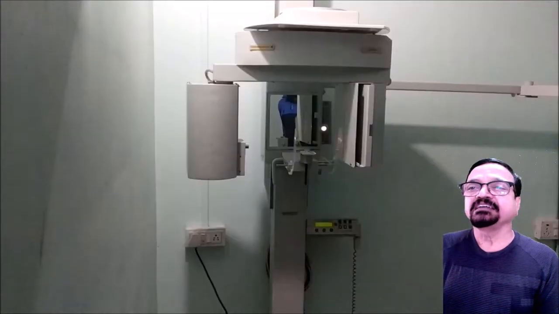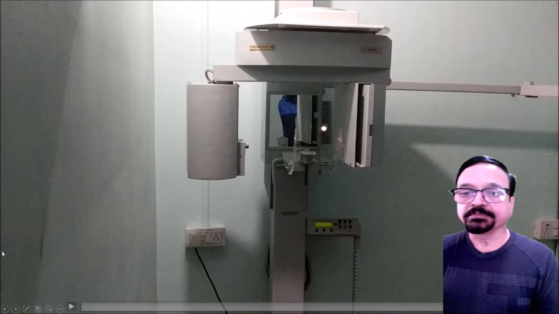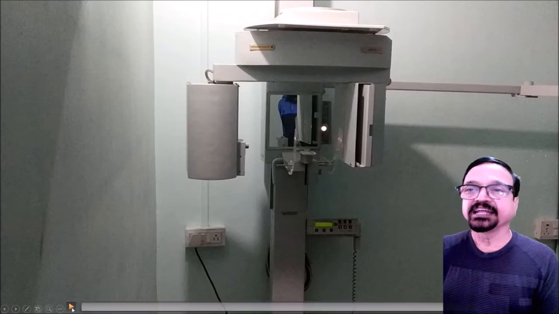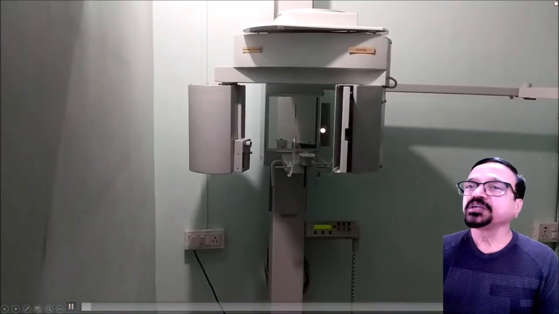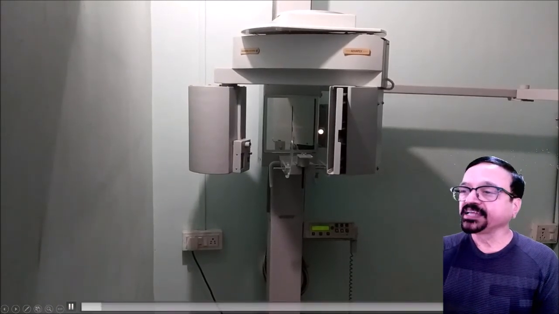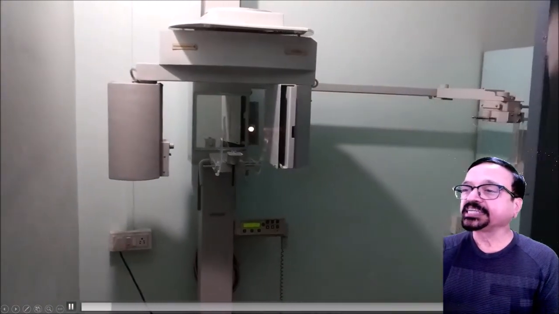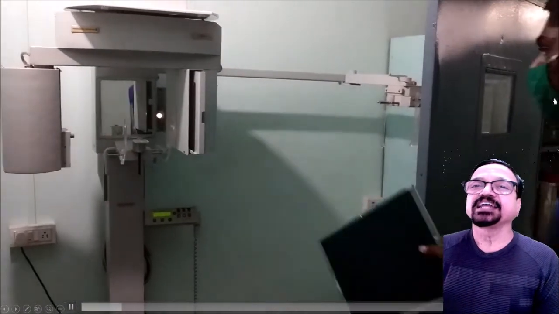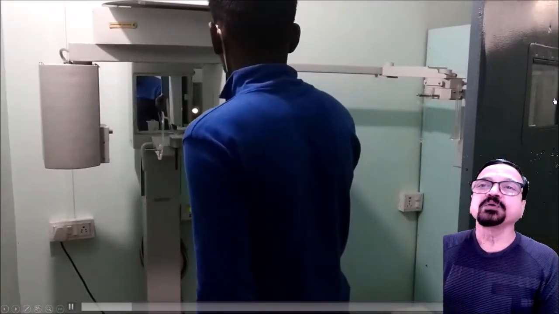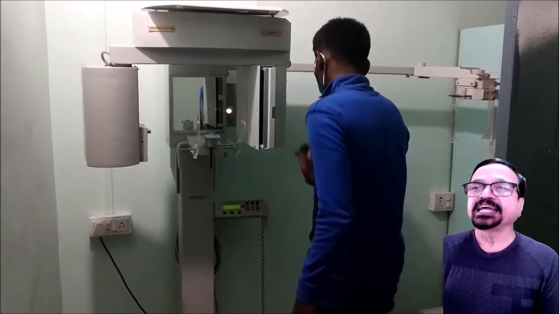Now this is an OPG machine, a diagrammatic presentation, and we'll see the video now of how an OPG machine is operated. It has two sides. On one side there is a tube and on the second side there is a cassette. Now this is a cassette holder which takes a cassette of 10 by 12.